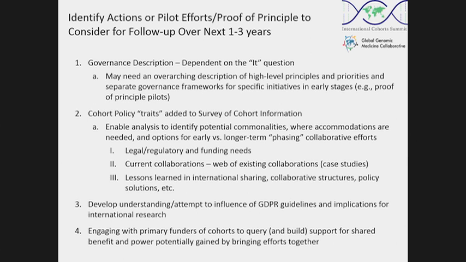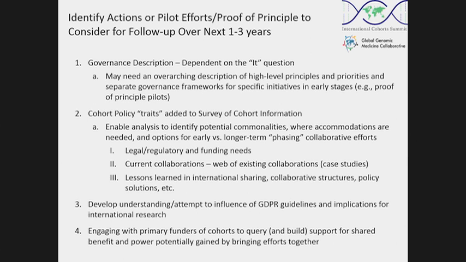It may be that we need to do this in phases, so that there might be some higher level overarching priorities or principles that would guide the overarching effort, but then as specific projects are identified, we could think more specifically about what the interaction structures would be between the cohorts and between different aspects of the ability to participate or not to participate as a cohort.